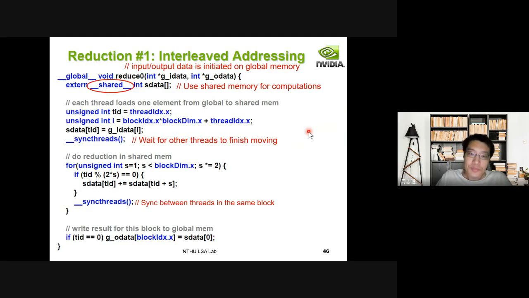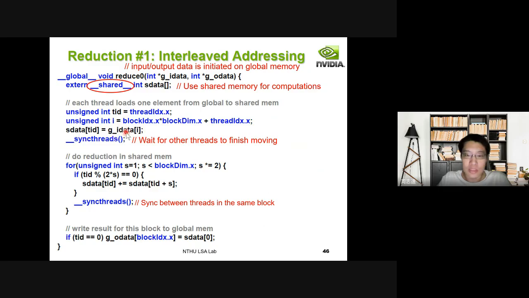So now let's look at the solution. The first solution is a baseline. We will just illustrate by the picture, so you don't really need to look at the code. All you need to know is that the only optimization done is to move the data from the global memory to the shared memory, as shown here.